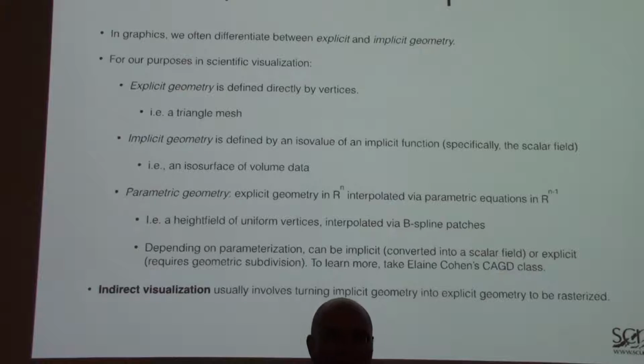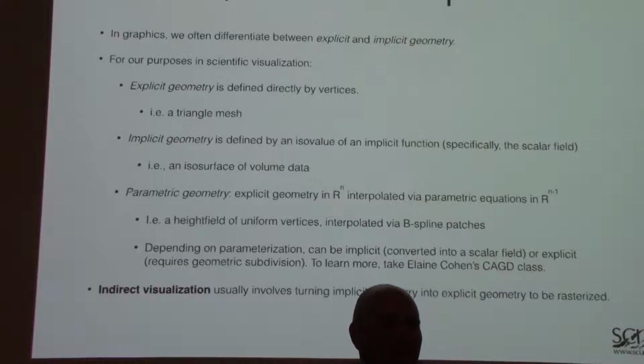You have to explicitly subdivide it into geometry. If you're interested in that, I recommend taking Lane Cohen's CAGD class. In practice, in visualization, we don't end up with too many parametrics, at least not data that is in parametric form that we want to visualize. This is not always true. There's certainly high-order finite elements that use parametric forms, but most of the time, we don't use parametrics as a raw surface rendering modality.